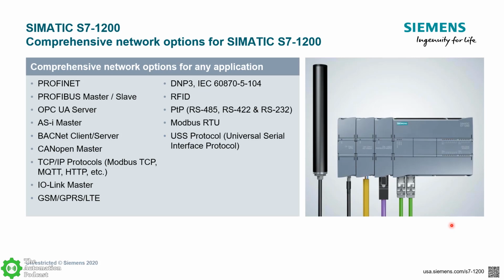Profinet, Profibus, OPC UA server functionality, OSI, BACnet, CAN, TCP IP protocols such as Modbus, HTTP, MQTT, IO-Link, cellular, DNP3 for like RTU type applications and timestamping, RFID connections. I mean, there's basically a lot of flexibility for any small to mid-size application.